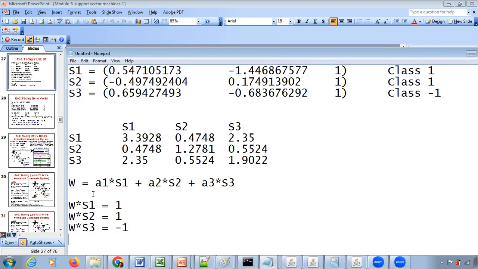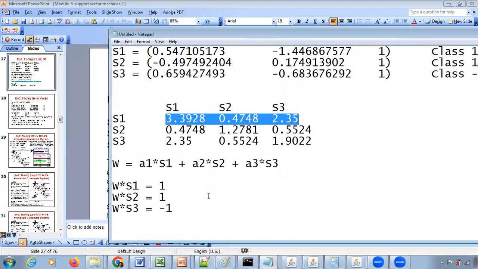That means when W is multiplied by S1, which corresponds to this row, that should be equal to 1. So you can make use of that and say A1 times, you see this is S1 times S1, then S2 times S1, which is this, then S3 times S1, which is this. So you can simply say A1 times this 3.3928, which is S1 times S1.